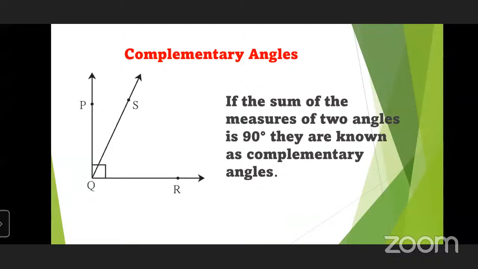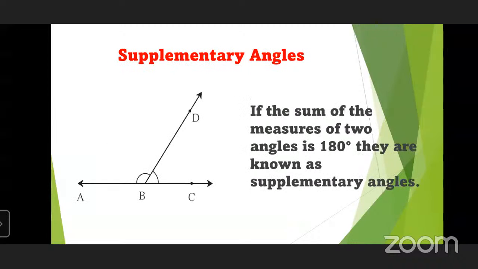Those angles are known as complementary angles. Supplementary angles: if the sum of the measures of two angles is 180 degrees, don't be confused. Complementary angles are of 90 degrees and supplementary angles are of 180 degrees.